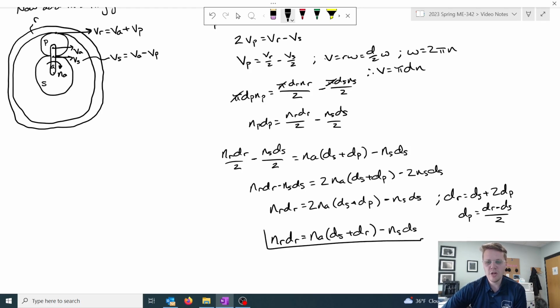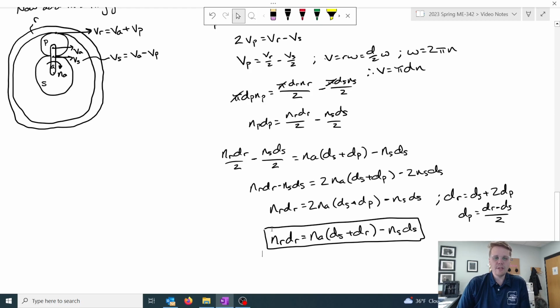And so this expression, you can see now, doesn't have any terms related to the planet in it. It gives me the ability to solve for what's happening with the ring gear if I know what's going on with the sun and the arm.